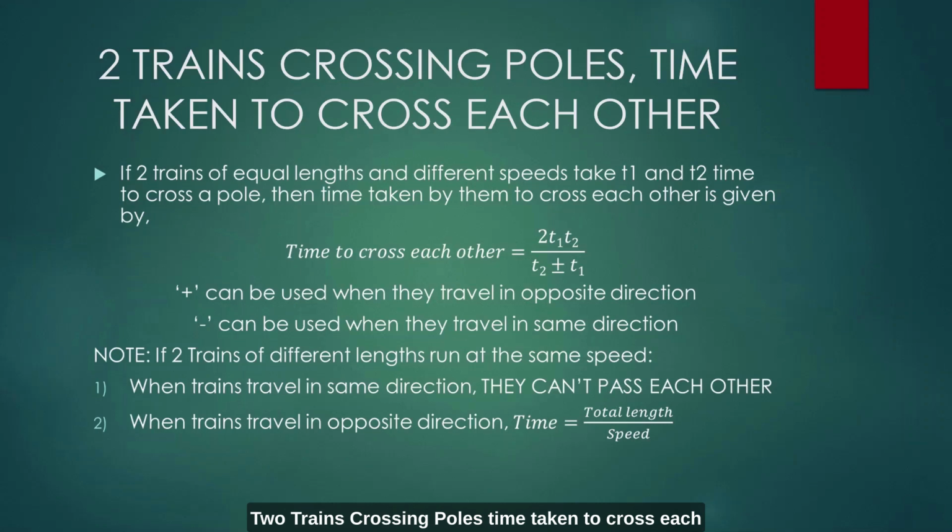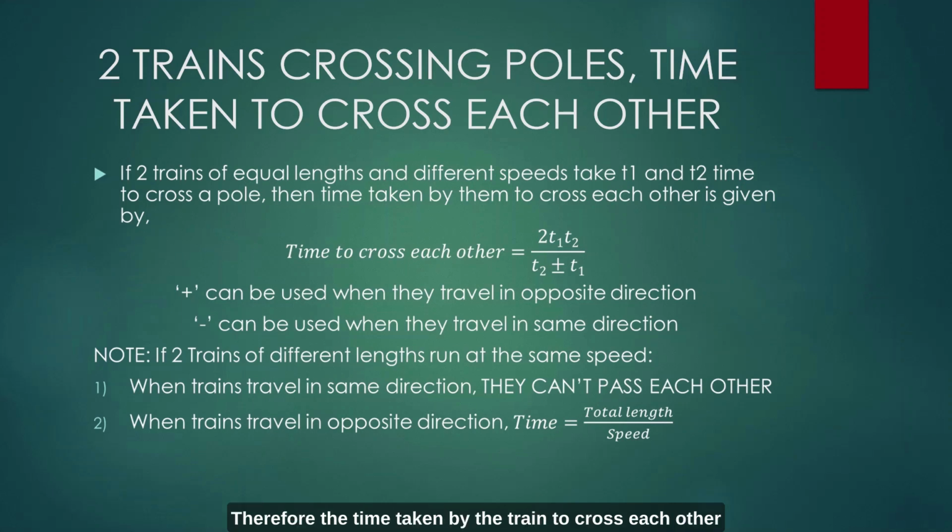Two trains crossing poles, time taken to cross each other. Here let us consider two trains whose lengths are the same but they travel with different speeds. Since they travel with different speeds, they take times t1 and t2 to cross the pole. Now, if t1 and t2 are the times taken to cross the pole, then we need to find the time taken by the trains to cross each other.